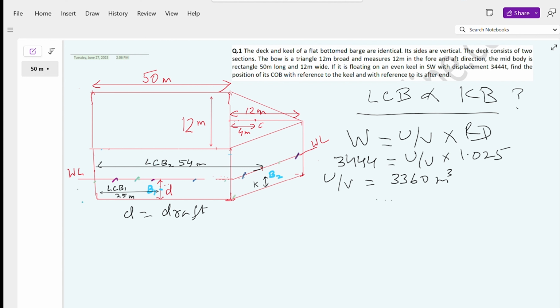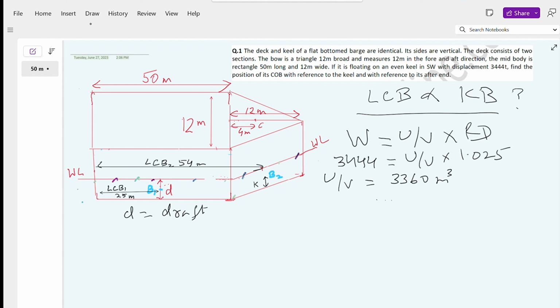So now the underwater portion of the barge consists of two sections, the rectangular section and the forward part, which is a triangular section. So let's add the two volumes, the volume under the rectangle and the volume under the triangle portion. That total should be equal to 3,360, which is the total underwater volume. So what is the volume under the rectangle?